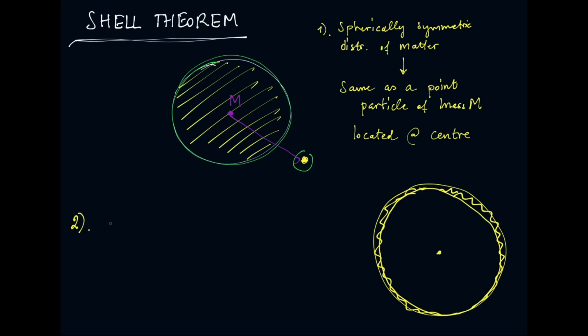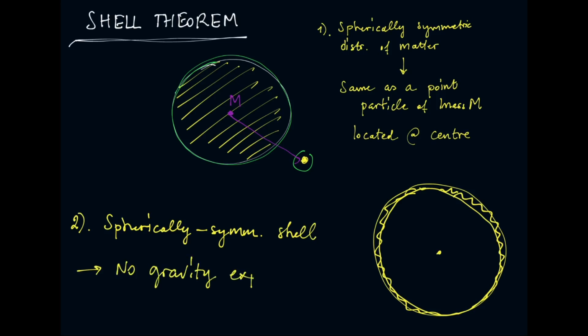A spherically symmetric shell of uniform matter acts in such a way gravitationally that no gravity is experienced by objects inside it.